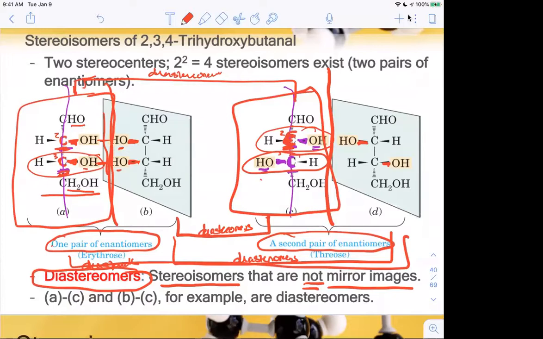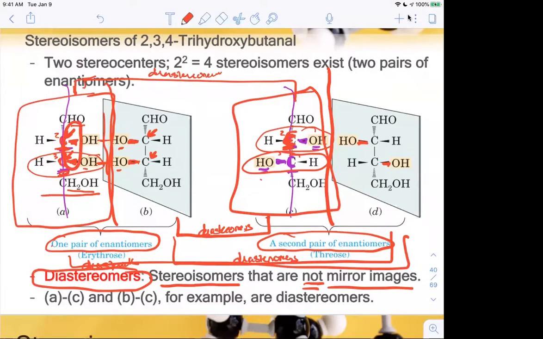So basically, enantiomers are going to have opposite configurations. So if the top is R and the bottom is S, the enantiomer will be S,R. It'll have opposite configurations. So this and this will have opposite configurations. This and this will have opposite configurations.